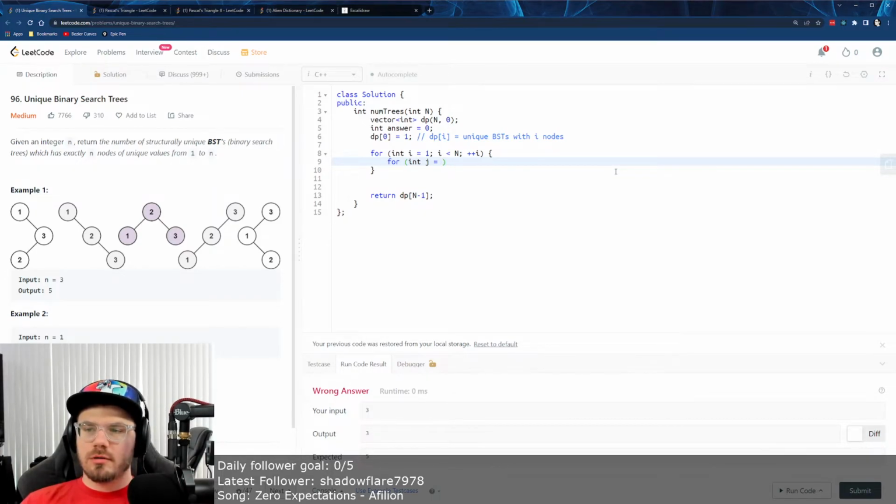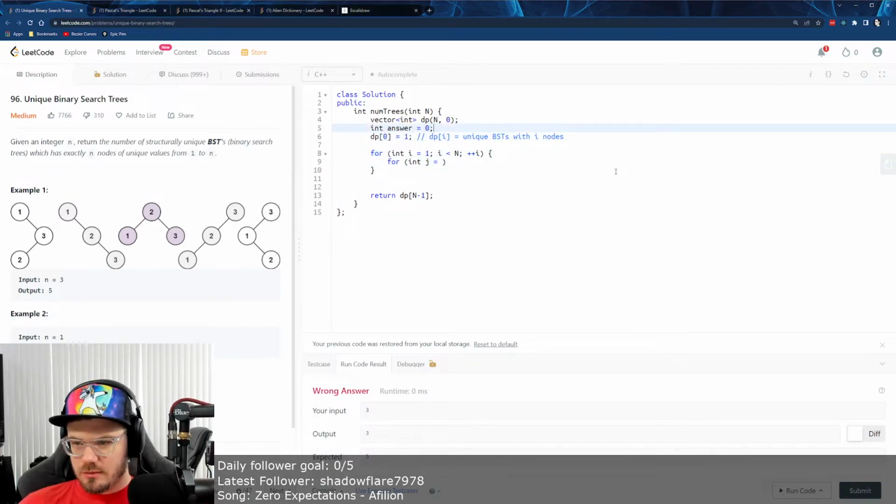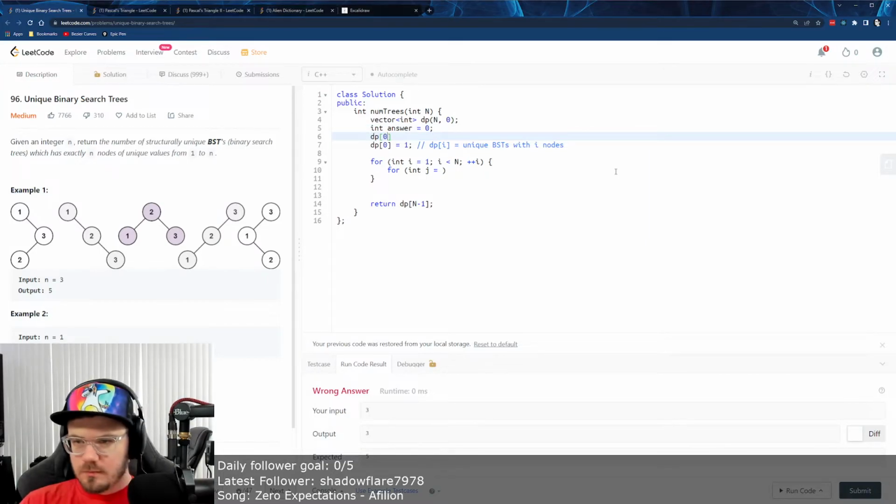We want to put nodes on the left and right subtrees. It might actually be easier if we do this as an n+1.